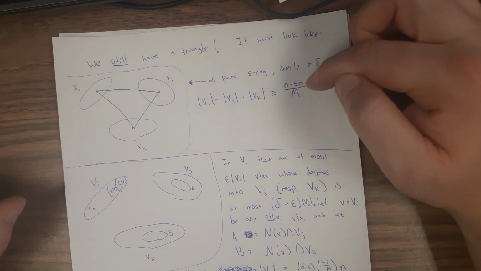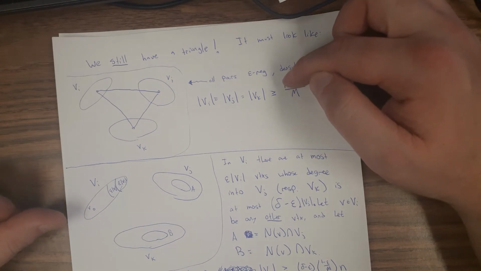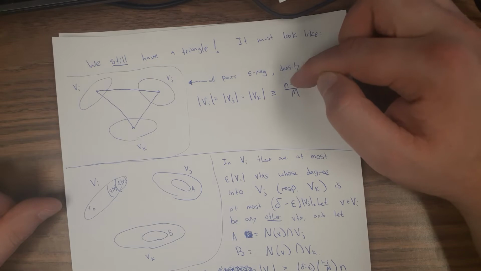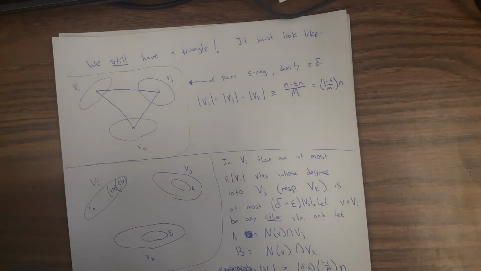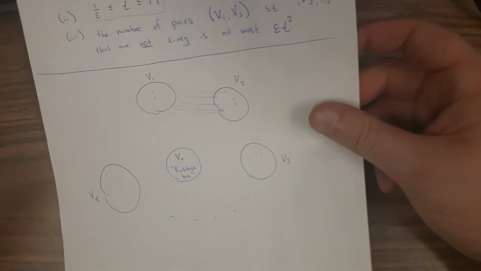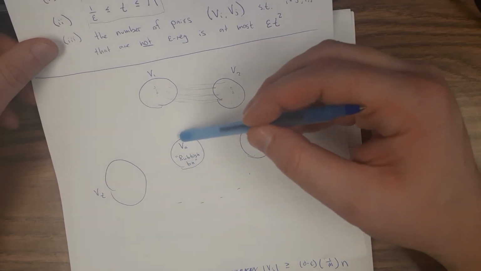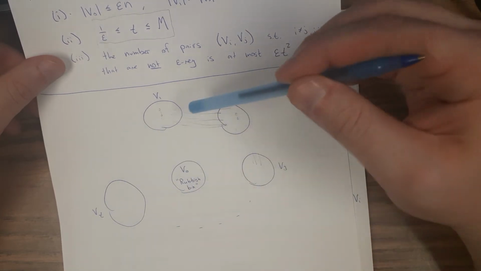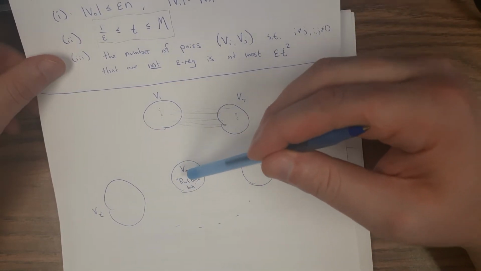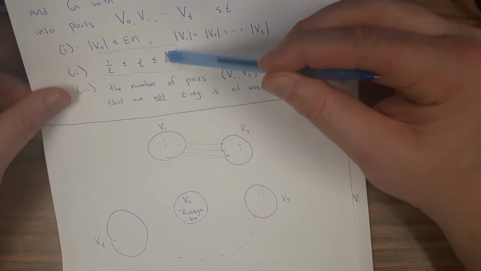And let me just write a lower bound on their size, because once again, there's n vertices total. Epsilon n might be in V naught. Maybe I'll pull up this picture again. Epsilon n might be here, and then the rest are all equal size, and there's t of them, so you would just take n minus epsilon n and divide by t, and t is less than or equal to this number m.